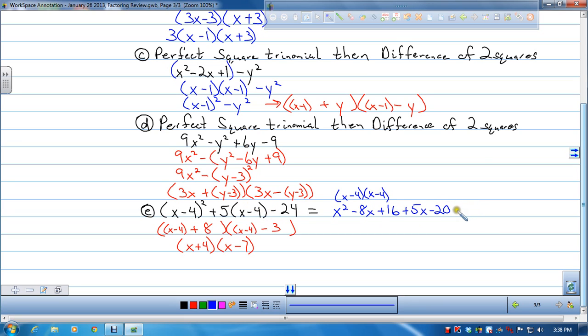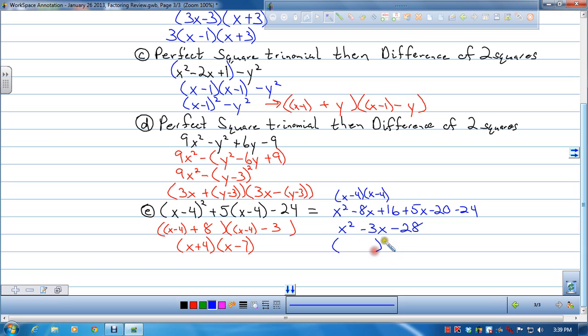And then minus 24. Now I will combine all my like terms. I don't have anything that goes with x squared. I've got a negative 8x and a positive 5x, which would give me negative 3x. I have a 16 minus 20, which would give me negative 4, I'm sorry. And then minus another 24 would give me negative 28.